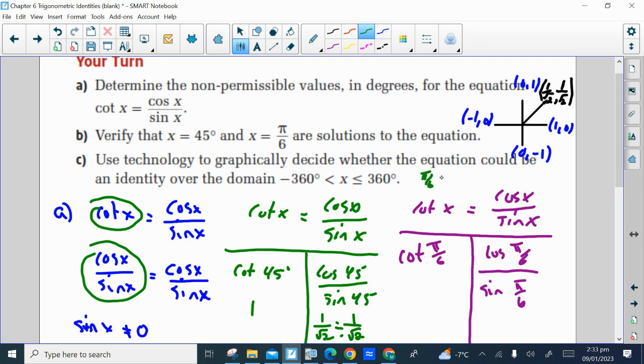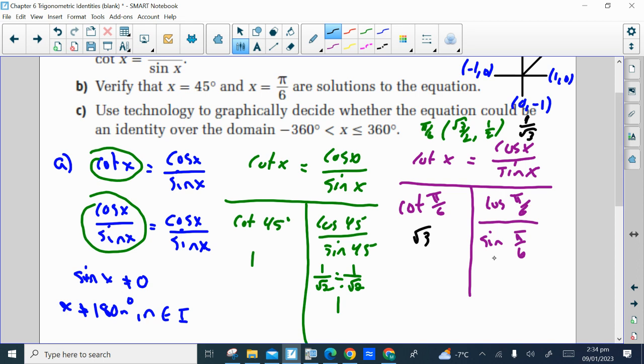At pi on 6, you might remember the coordinates were root 3 over 2 comma a half, and the tangent was 1 over root 3, which we wrote as root 3 over 3 when we rationalized it. But I'm leaving it as 1 over root 3 because the cotan is the reciprocal of that. It'll be root 3 over 1, or just root 3.